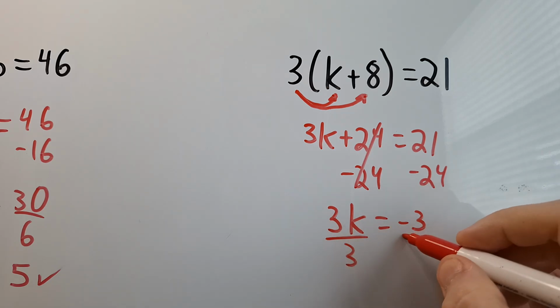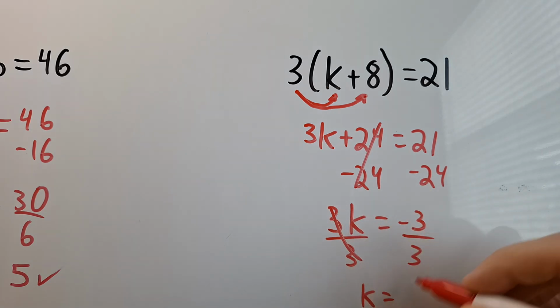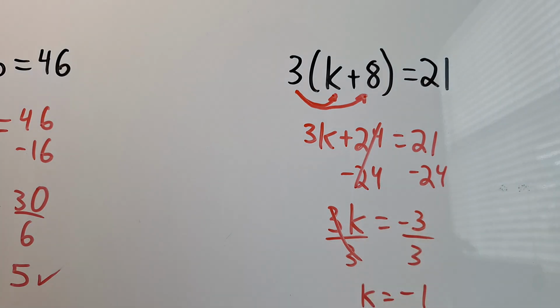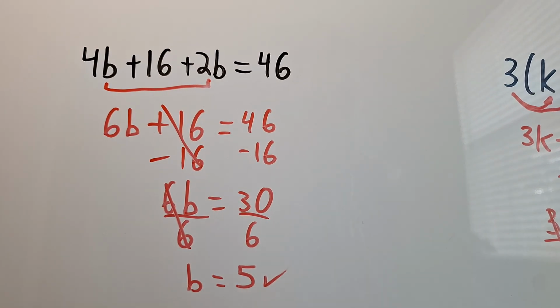Divide it out. k is equal to a negative divided by a positive, which gives me negative 1. So that takes care of solving multi-step equations.